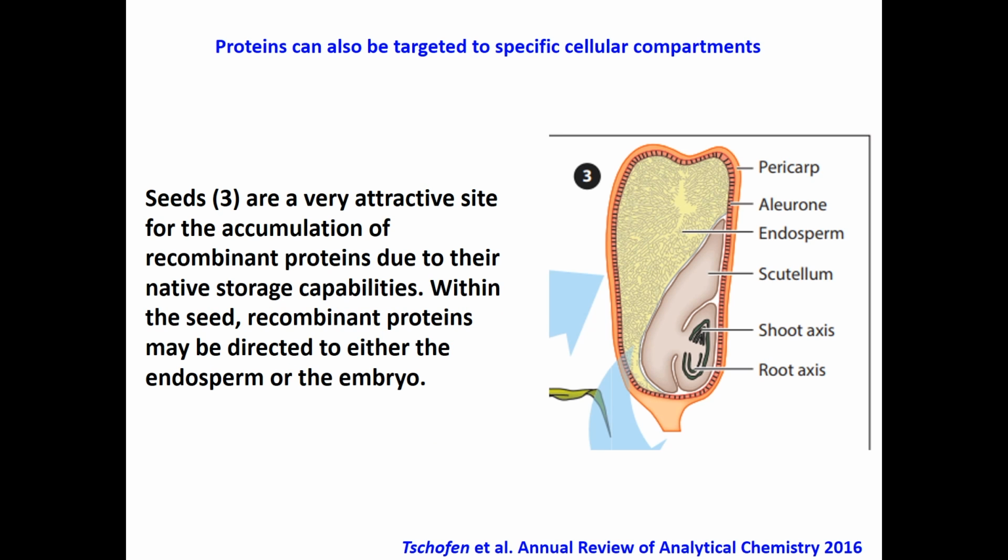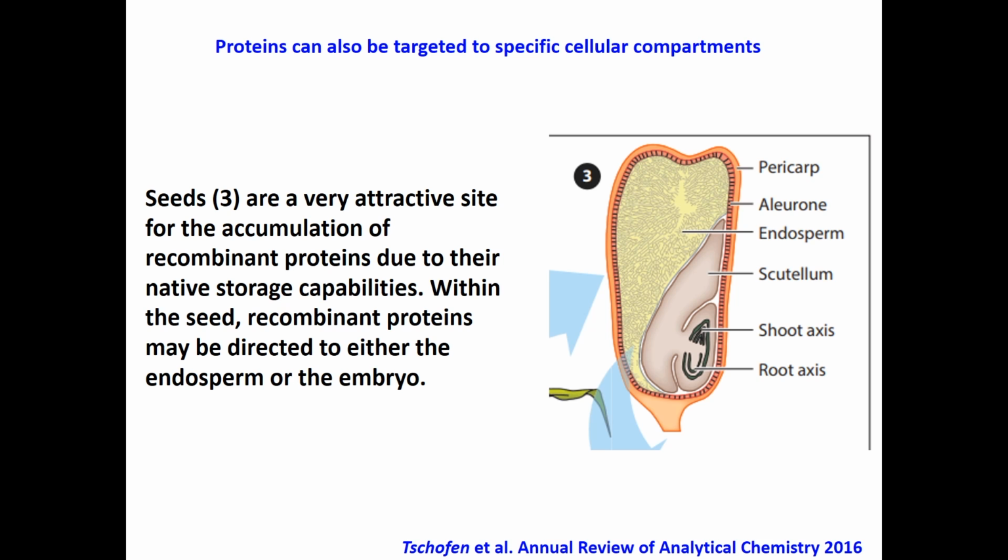Here is also another example for specific expression. If you take a seed, as we have seen in the previous slides, there are many subcellular organs. We can target a protein to specific subcellular organs, depending on our requirement, the nature of the protein, the nature of the plant system, and the availability of the genetic information of the plant.